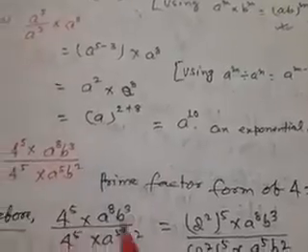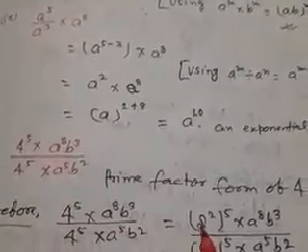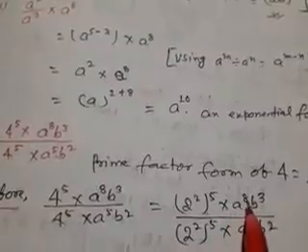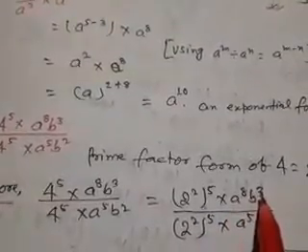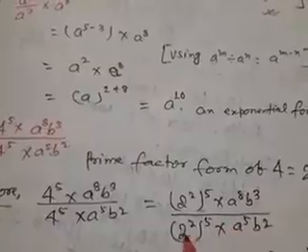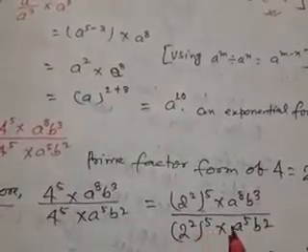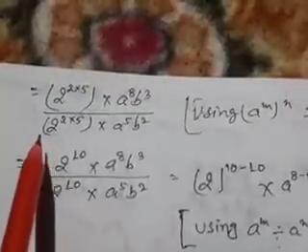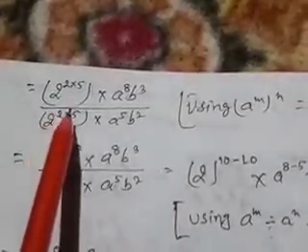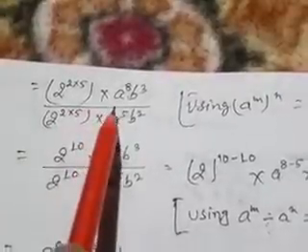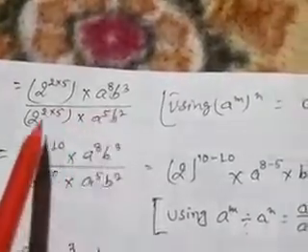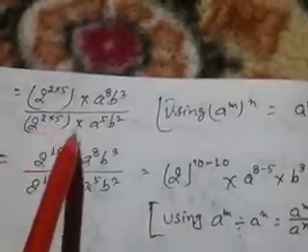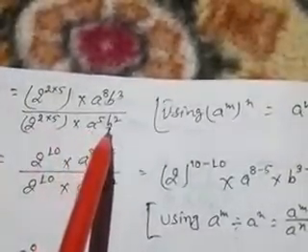So we write the question this way: (2 square) to the power 5 multiplied by a to the power 8 multiplied by b to the power 3, divided by (2 square) to the power 5 multiplied by a to the power 5 b square, is equal to 2 to the power 2 multiplied by 5, a to the power 8 b cube, divided by 2 to the power 2 multiplied by 5, a to the power 5 b square.